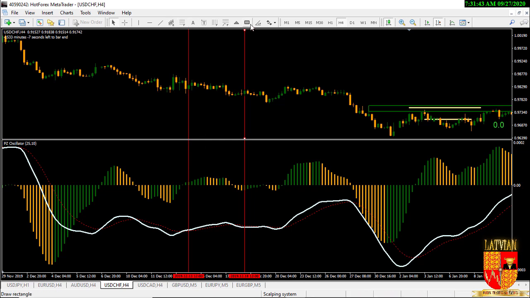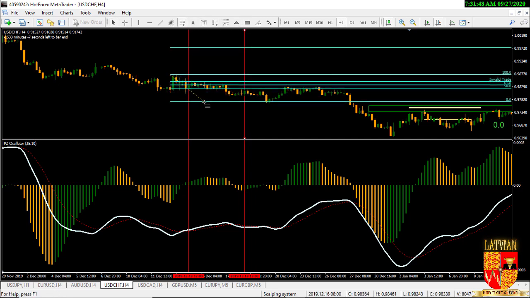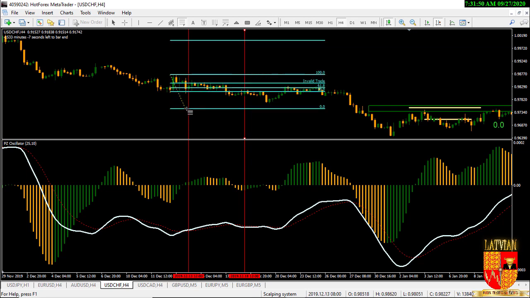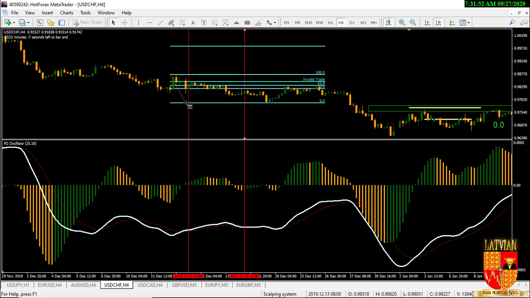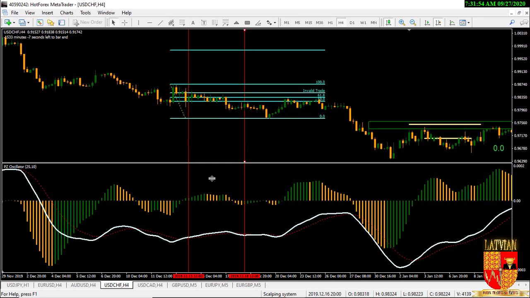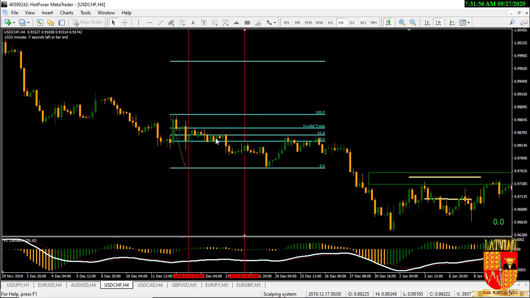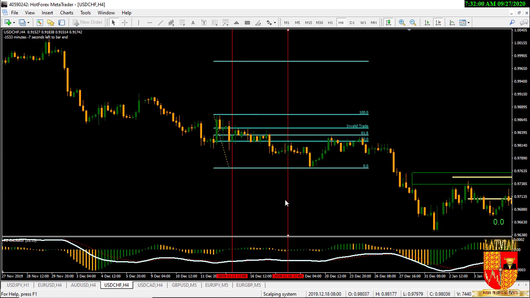So this means that we have to draw our Fibonacci from that point down to that low over there, okay. And then we'll notice that the impulse move ended right there, okay.